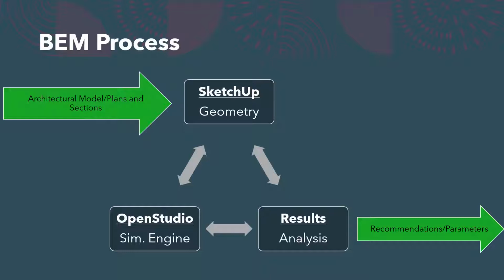And then you're going to run the simulation, you're going to get the results, you're going to get some analysis that might cause you to go back, change some physical features of the model, or adjust some simulation settings on the model. And you're going to keep doing that until eventually we get the baseline and recommended parameters and changes to give back to the architect or designer.